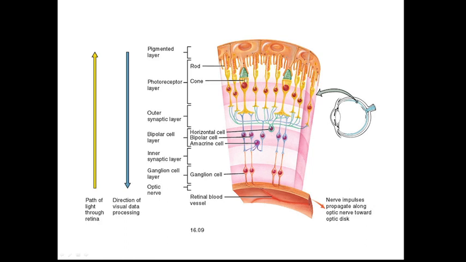Once they are stimulated, the information from the rod and cone cells is transported to the bipolar cells, and from there to the ganglionic cells, and the axons of the ganglionic cells carry the nerve impulses, which are propagated to the occipital cortex for visual perception.